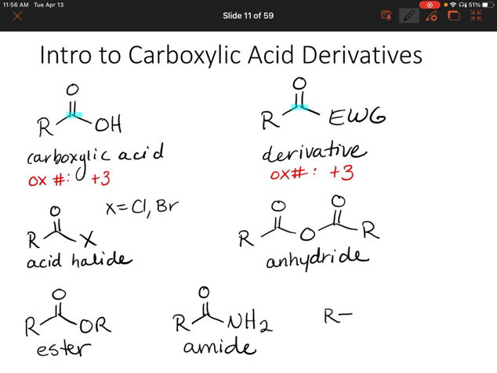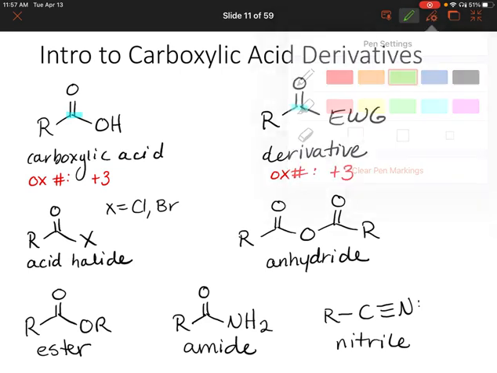This would be a nitrile molecule where we have that cyanide group there, CN. So even though this does look different from our other derivatives, the oxidation number of that central carbon is still +3, so this still counts as a derivative.